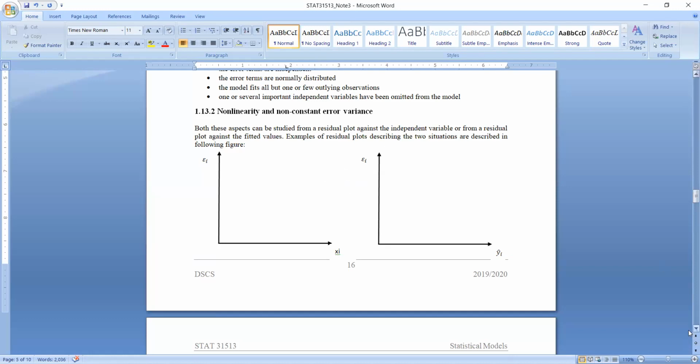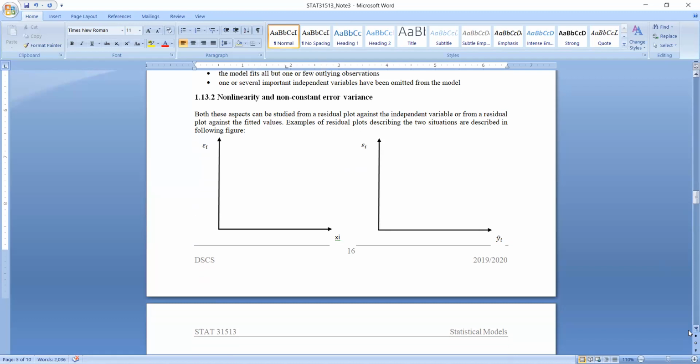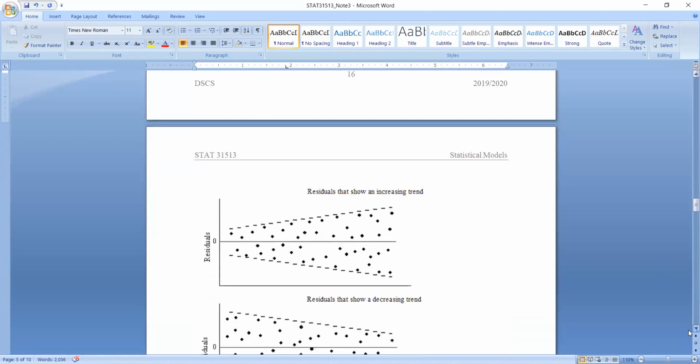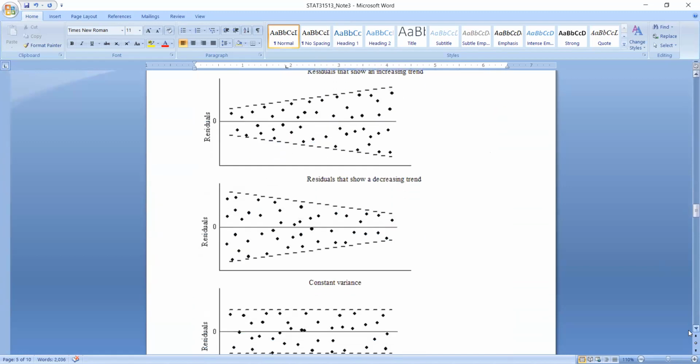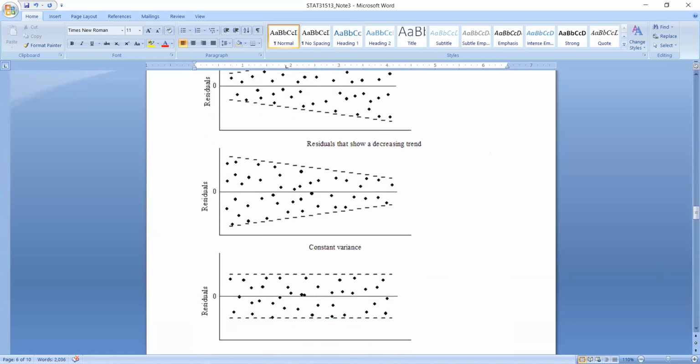So how are we going to check whether the function is a linear function and whether the errors have a constant variance? Now, when you take our residual plot, you will see, sometimes, if you look at the last graph, you can see all the points are distributed in a constant band.